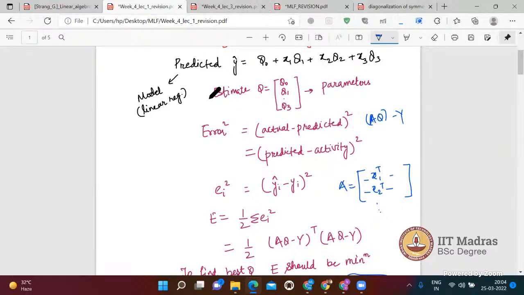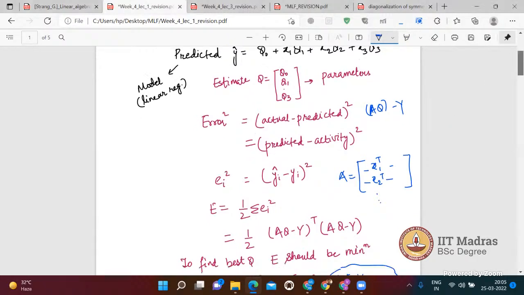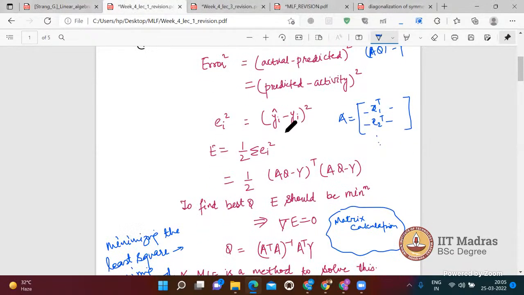Error can be written in this form, the actual minus predicted squared, as we are using the least square error. So we can do A theta minus Y, which is simply the predicted minus actual, or the actual minus predicted.